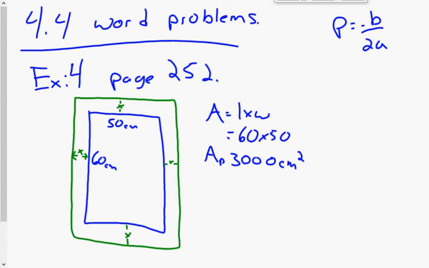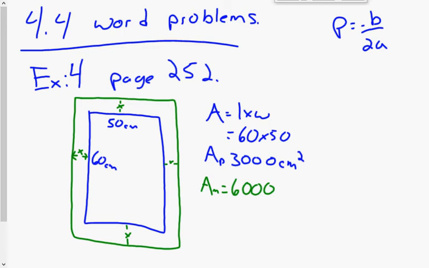And now that means my area of the mat is going to be twice that, right? Double 3,000 is 6,000 centimeters squared, okay?